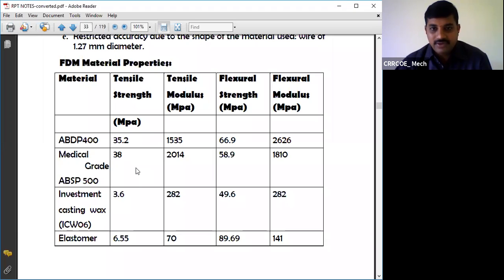What is the other name for flexural strength? Any one of you? Flexural strength. Unmute yourself.